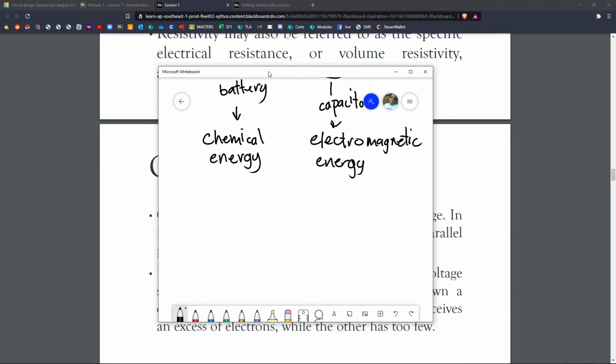Hindi to kasali sa analogy na pinakita ko, pero a battery only drains. Because a battery is a chemically induced storage, it will eventually run out of energy. Hindi mo siya effectually ma-charge forever. It is literally impossible because as we all know, meron tayong chemical decay. Meron tayong pagbabago sa ating chemical.